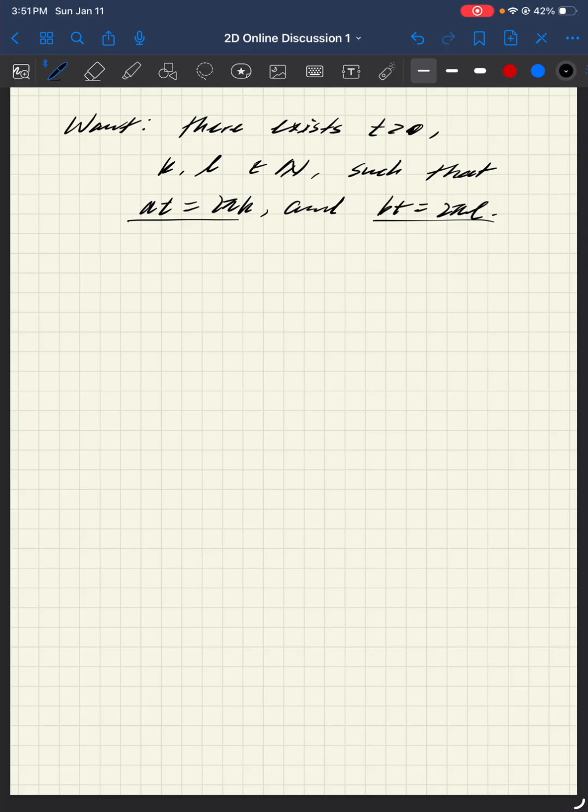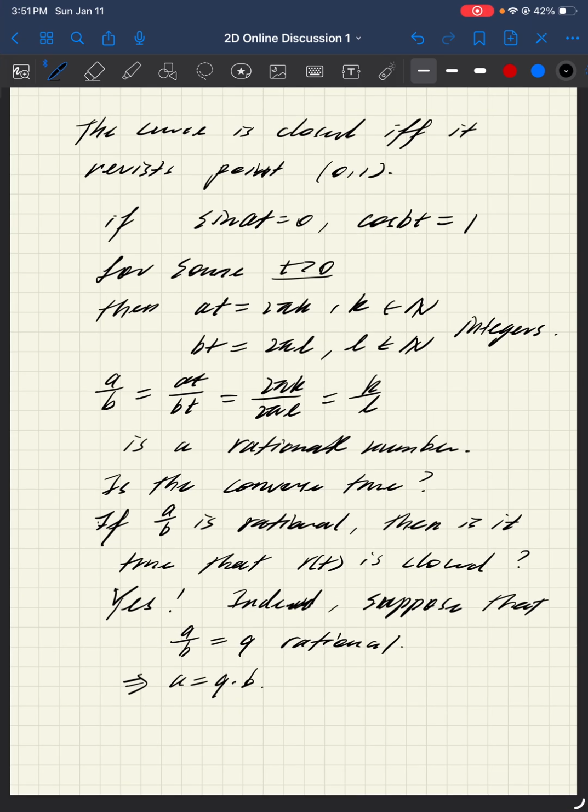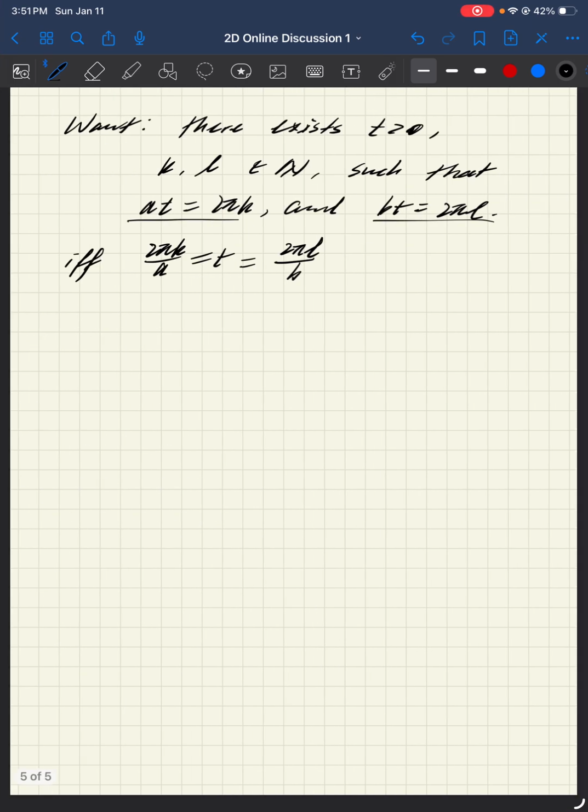So from these two relations, I can write 2 pi k over a equals t, which is also equal to 2 pi l over b. So this is if and only if. So I have 2 pi k over a equals 2 pi l over b. But I also have the relation a equals qb.